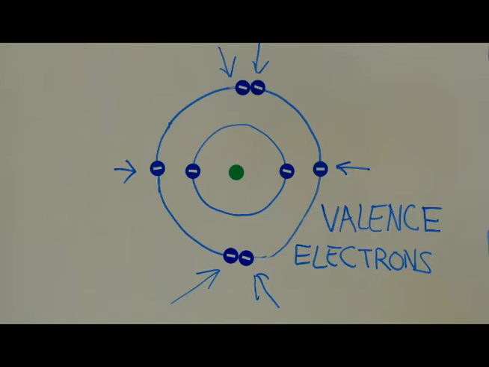So if you have more than 2 electrons in that atom, then they're going to have to be pushed out into the second shell. So here we have oxygen, which has 8 electrons. The first shell only contains 2, and 8 minus 2 is 6, so 6 electrons are pushed out into the second shell.